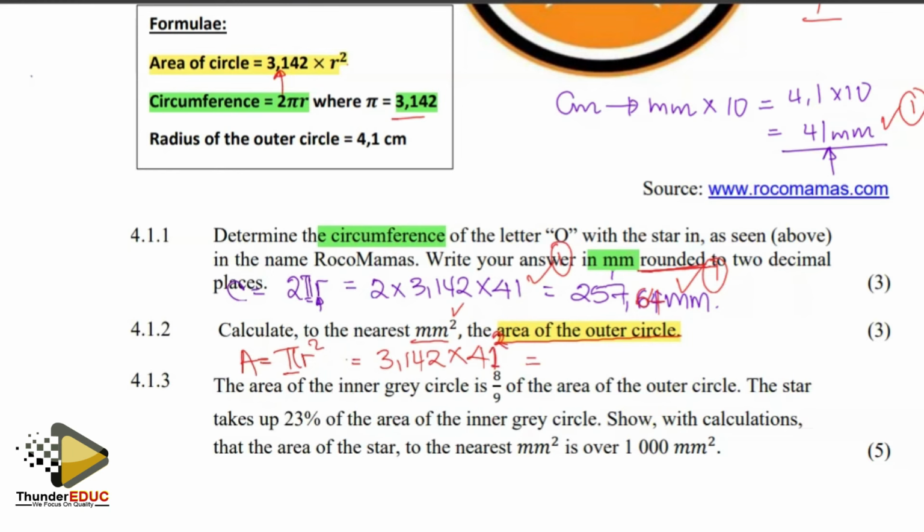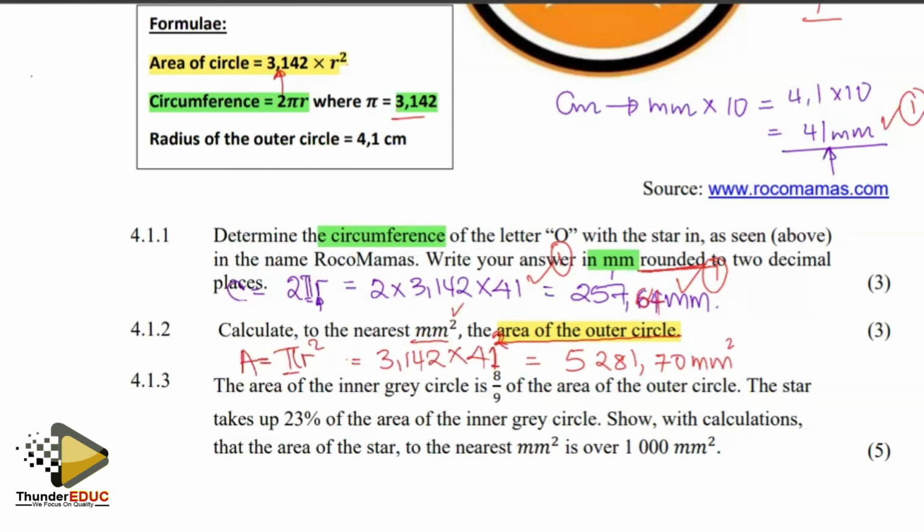So you end up having 3,142 times 41 squared. You end up having 5,281,6 0.70. These are millimeters squared.